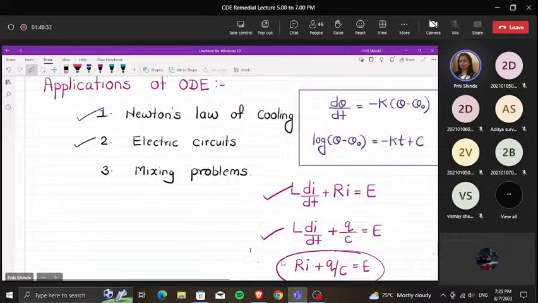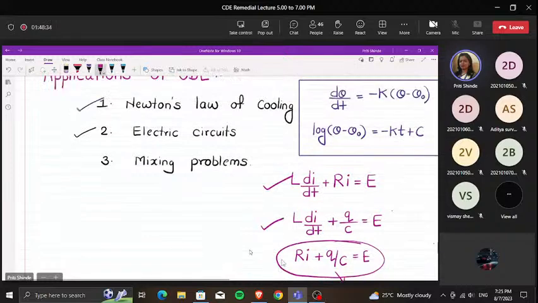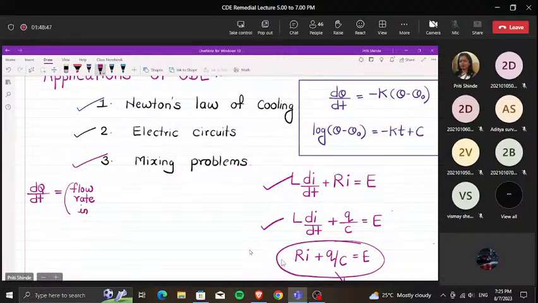So again I am writing here the mixing problems formula, dq by dt. This is the summary. Flow rate in, salt concentration in, you can easily write down these two terms.